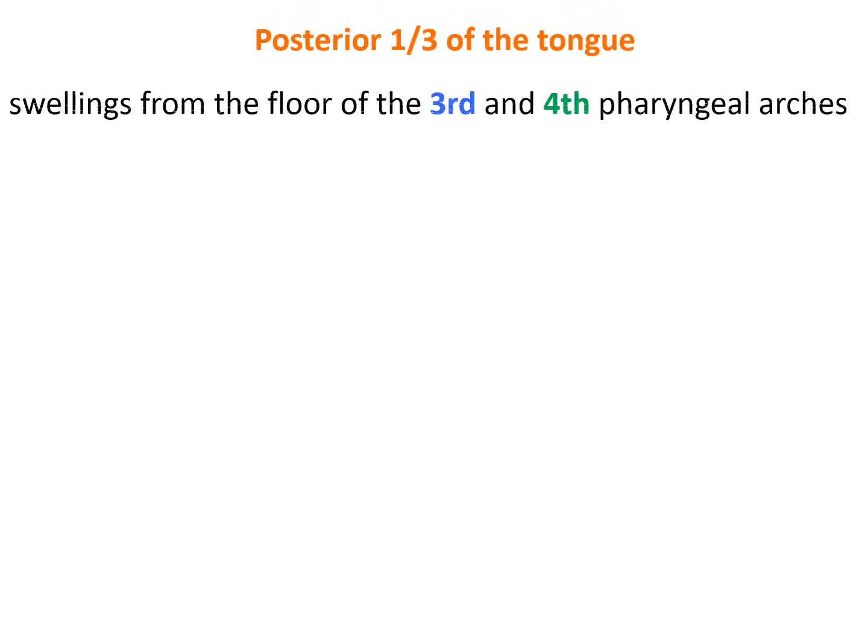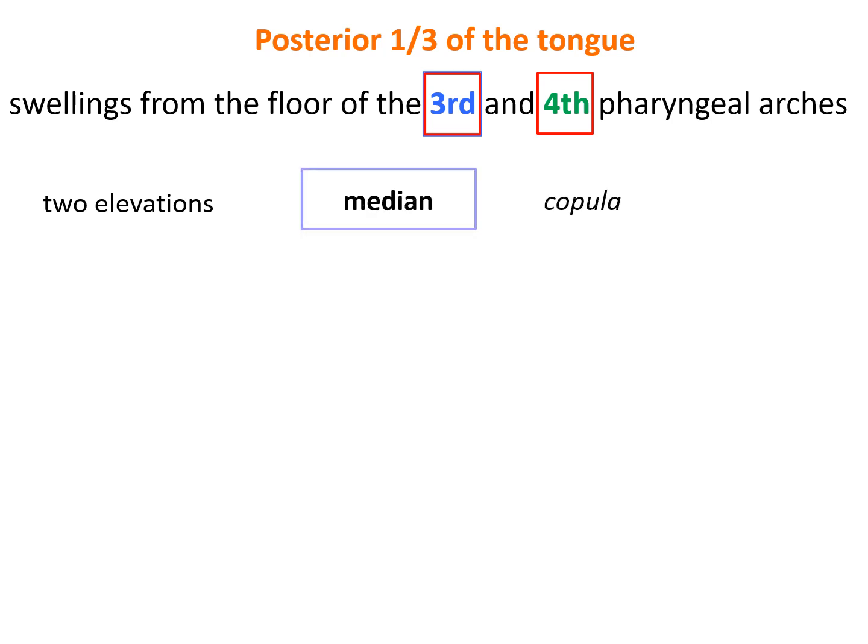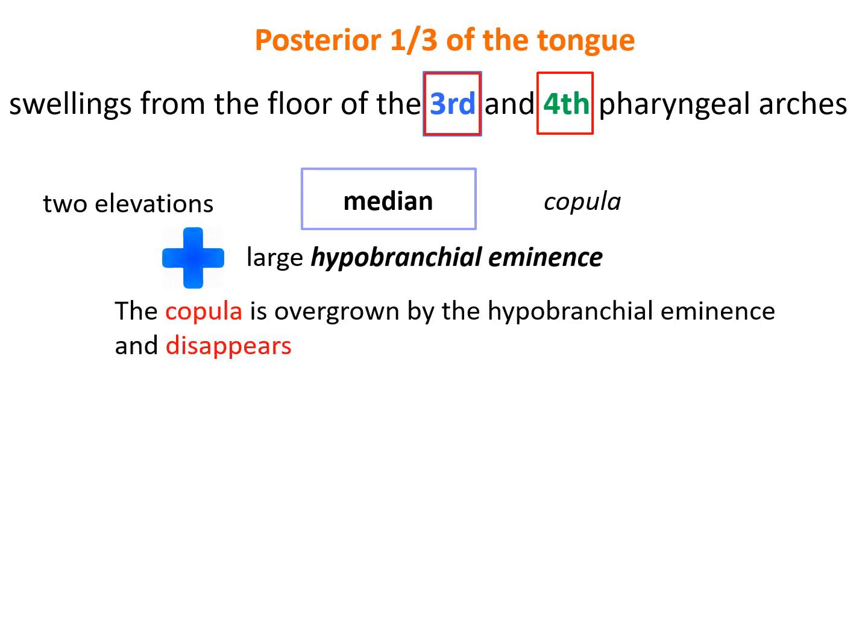Now, the posterior one-third of the tongue develops from swellings of the third and fourth pharyngeal arches, two elevations: a median one, called the copula, plus a large hypopharyngeal eminence. Now the copula is overgrown by the hypopharyngeal eminence and disappears.